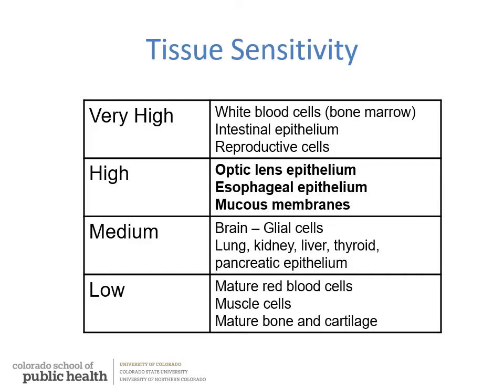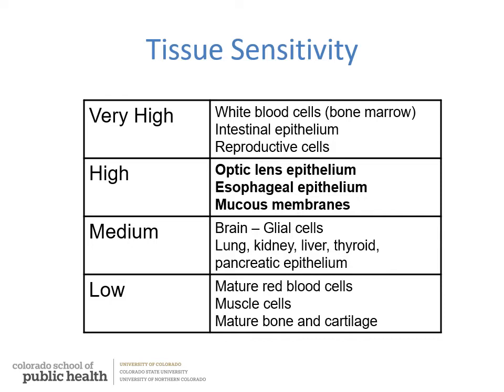So here's a table just showing you from very high to low various tissues in terms of their relative sensitivity. As I mentioned, rapidly dividing things like white blood cells, the intestinal epithelium, and reproductive cells are relatively sensitive to the effects of radiation, whereas things like mature red blood cells, muscle cells, and mature bone and cartilage are not.